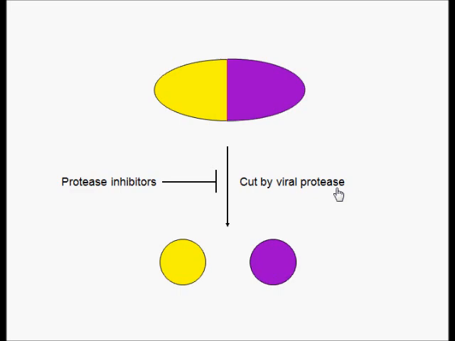So this viral protease is something that HIV brings. It encodes for it, and so we can use protease inhibitors, which we have talked a little bit about in class. It's one of the standards of care in America, 2 NRTIs and 1 protease inhibitor.